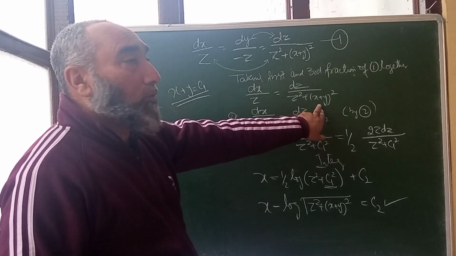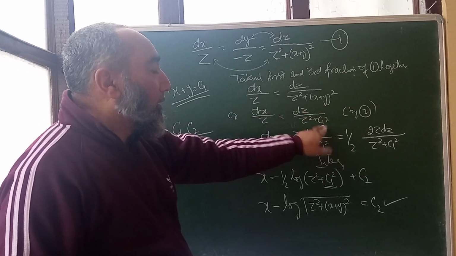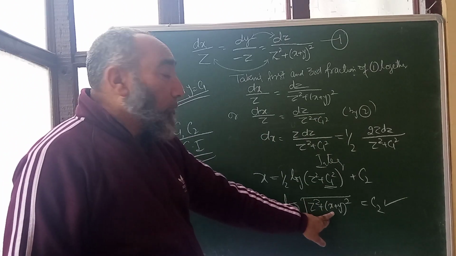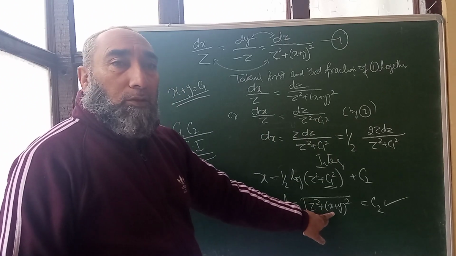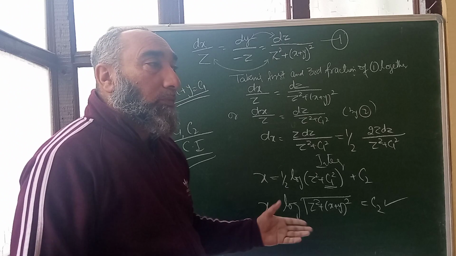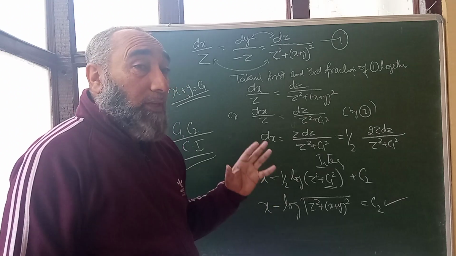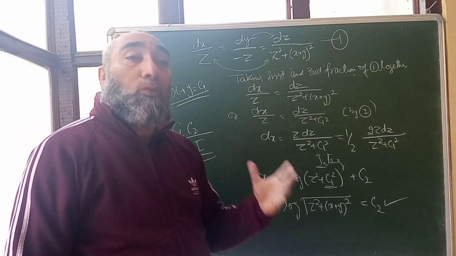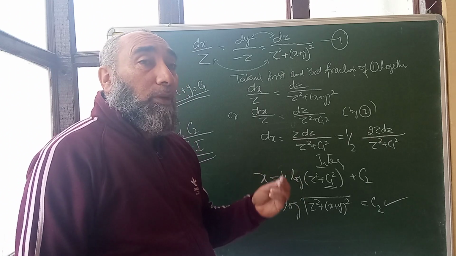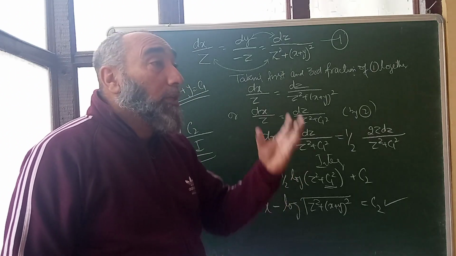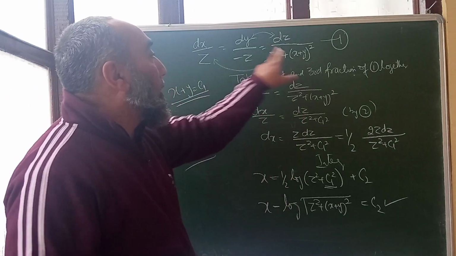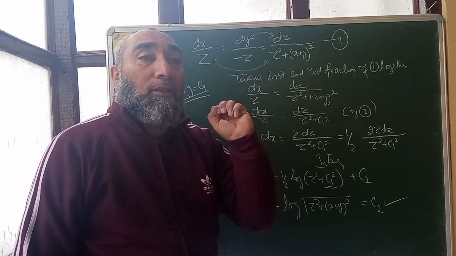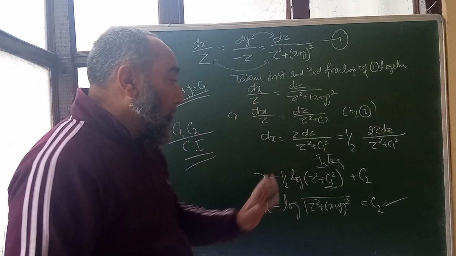I have used that solution, x plus y is c1 constant, and later I have to substitute back this value of the constant so that my solution is in terms of x, y, and z. I have said that the first solution is represented by u of x, y, z, and the second is given by v of x, y, z, because your p, q, r are functions of x, y, and z. Okay, you have got two solutions.